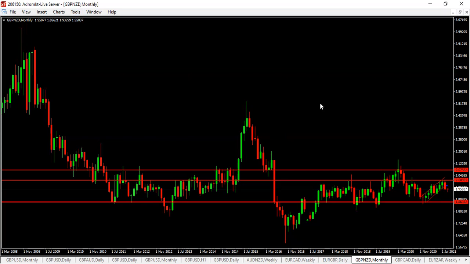But before I scroll down to the weekly time frame, I know a lot of traders probably got in right here for a sell. The higher time frame traders, the monthly traders, got in right here, and they were anticipating the market to go all the way down to that level of support.